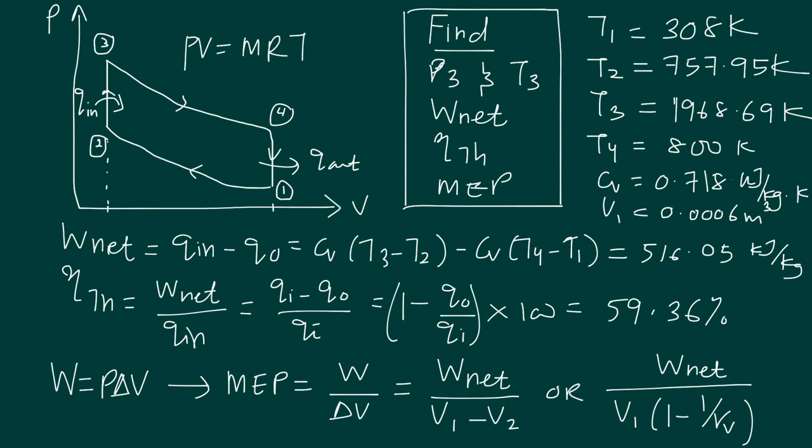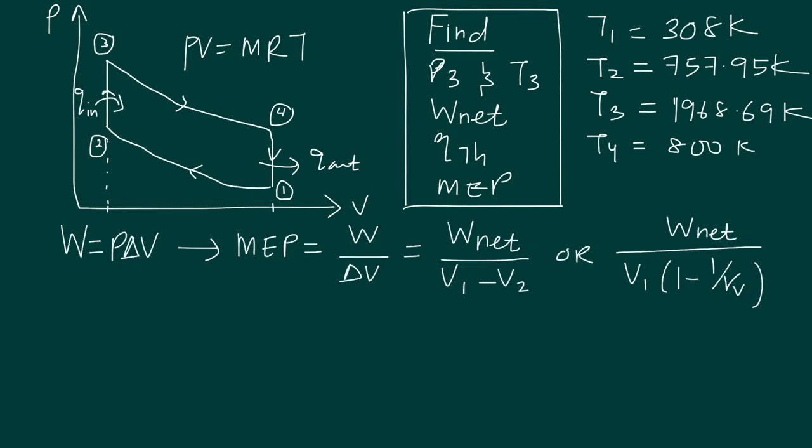However, there's another option, which is you can make use of this one, right? If you didn't memorize this, you can make use of this one, but yet you need to find your V2 over here. So you can find your V2 by using the compression ratio relation, right? As you know, the compression ratio is V1 over your V2.